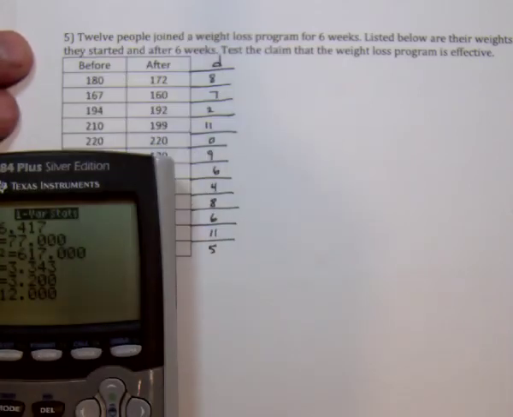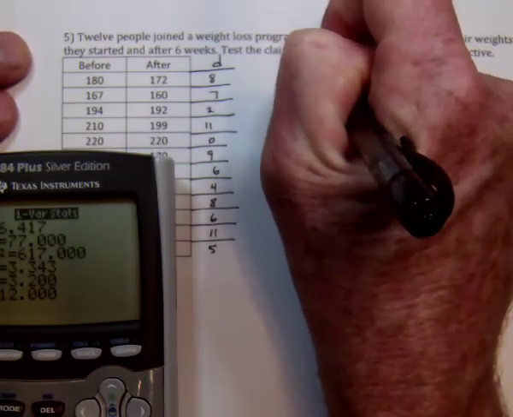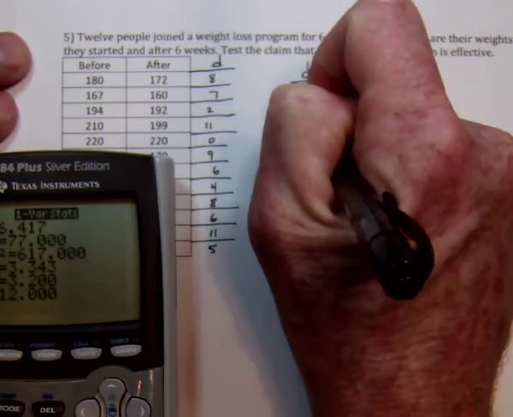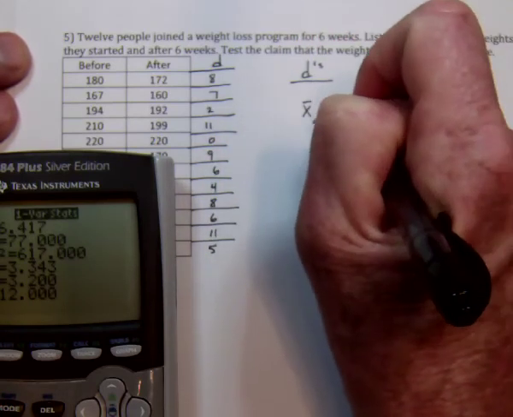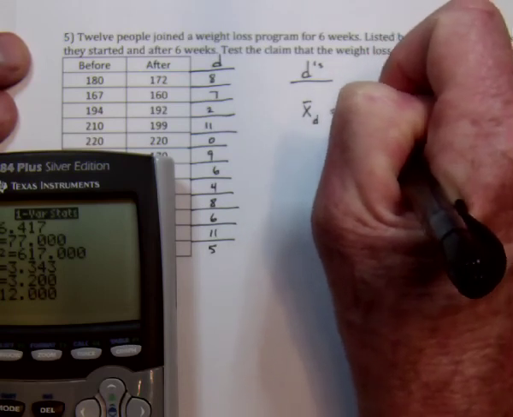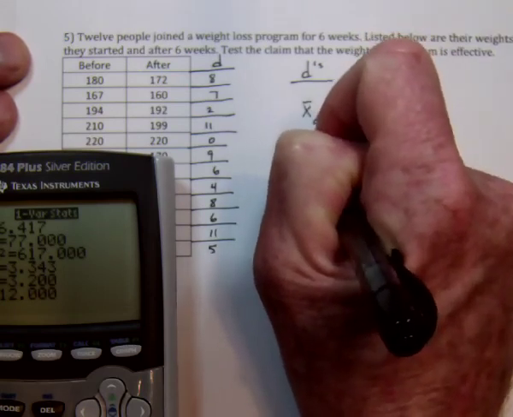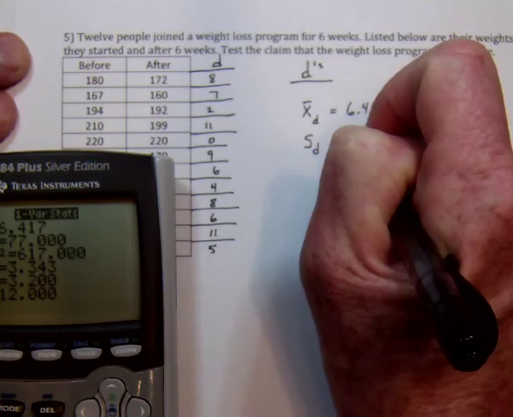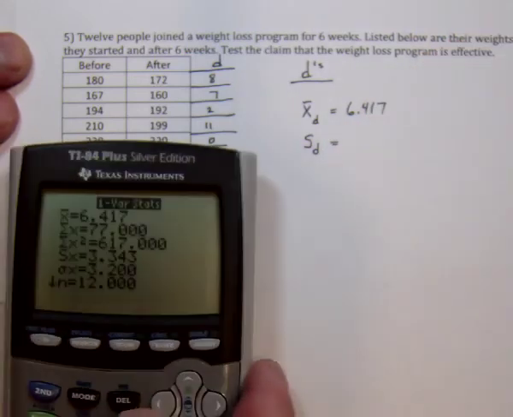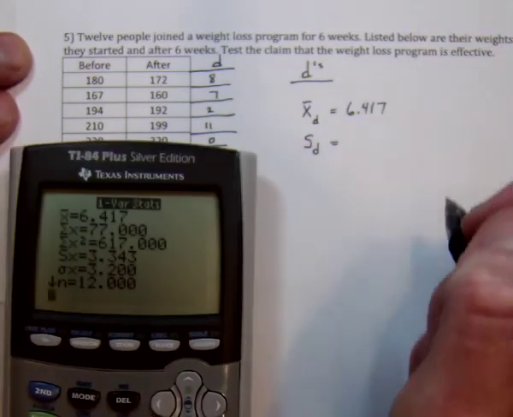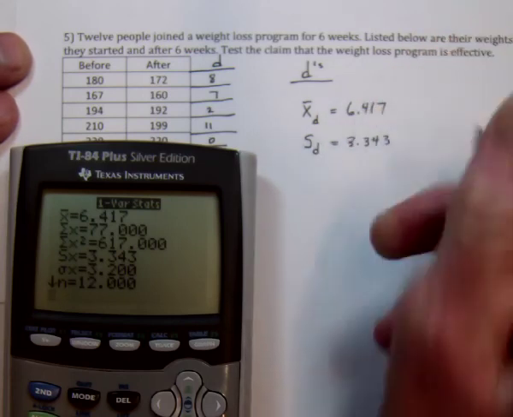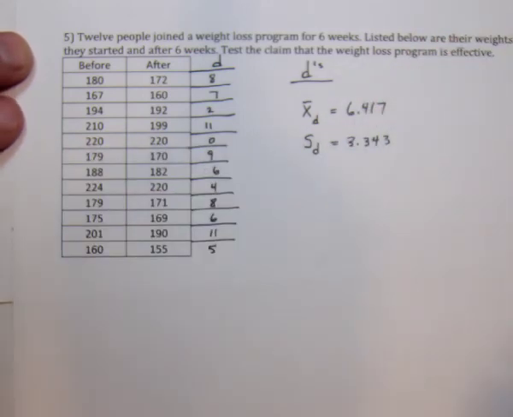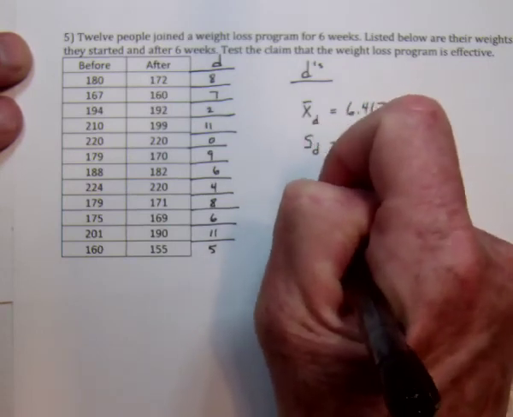So for the D's, x bar for the D's is equal to 6.417. Standard deviation for the D's is equal to s, sorry, it's off the screen, 3.343. And then the claim is going to be about the mean for the D's.